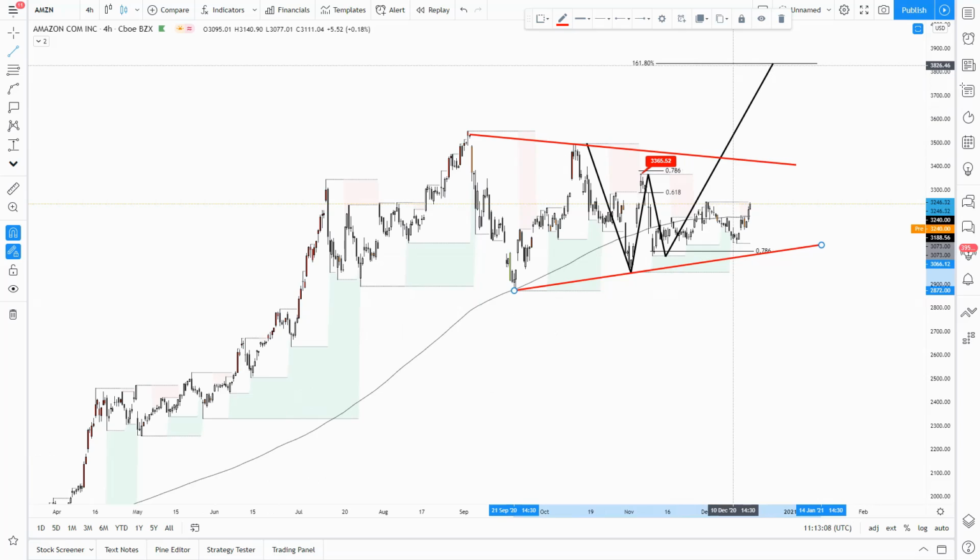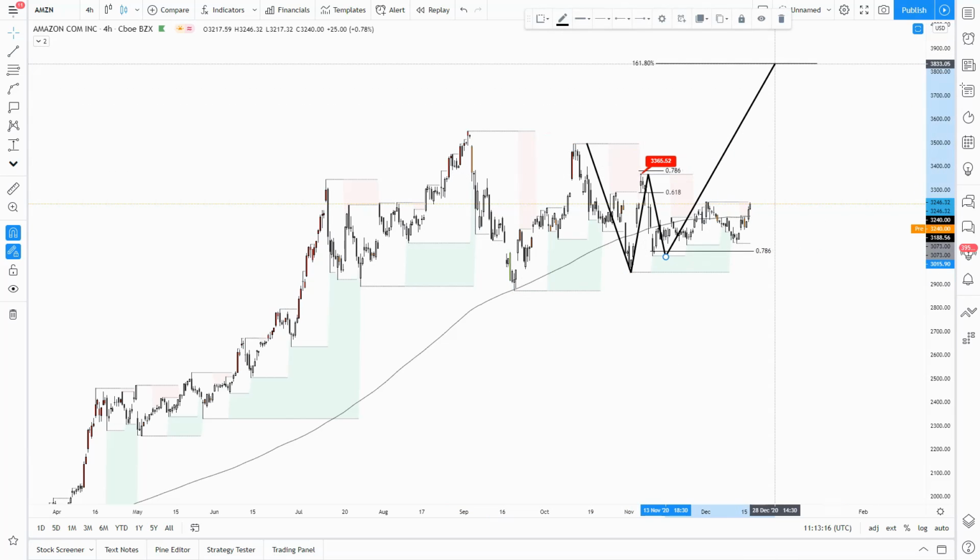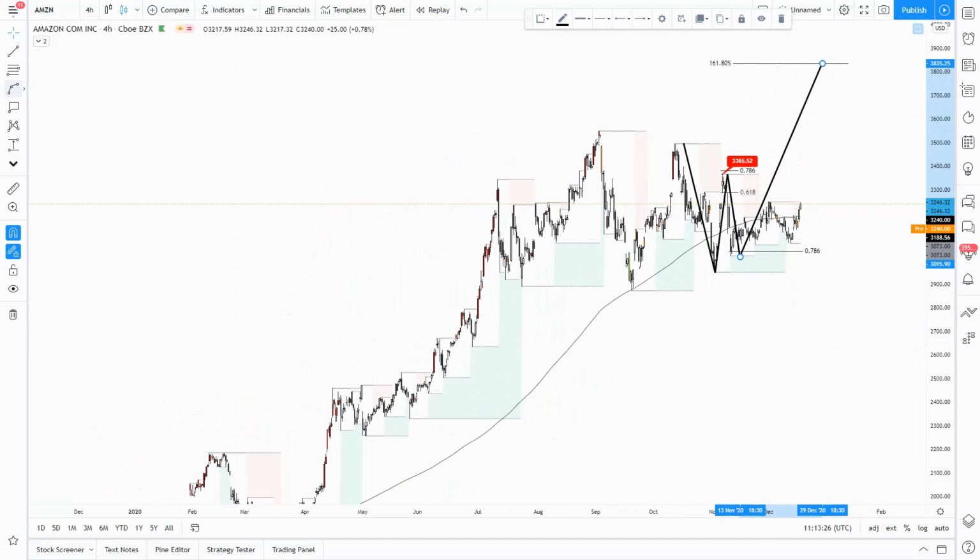If that happens, we may see the price actually, again, the same methodology, the same concept. We wait for an extension of the very last swing low in this case, and then the projection of that swing will print the crab pattern. The same thing applies here.